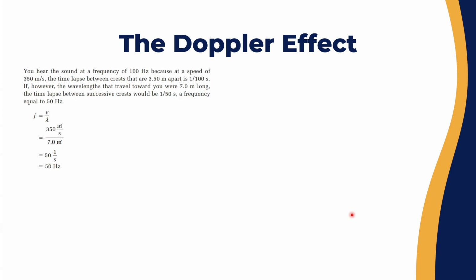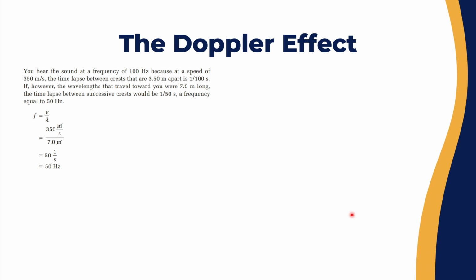Now there is a concept we need to explain called the Doppler effect. So if you hear a sound at a frequency of 100 Hertz, the speed is 350, and the time lapse between the positive humps, which are 3.5 meters apart, would be 1/100 of a second.